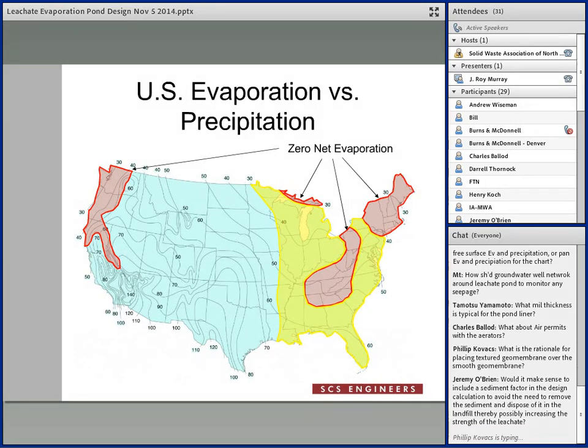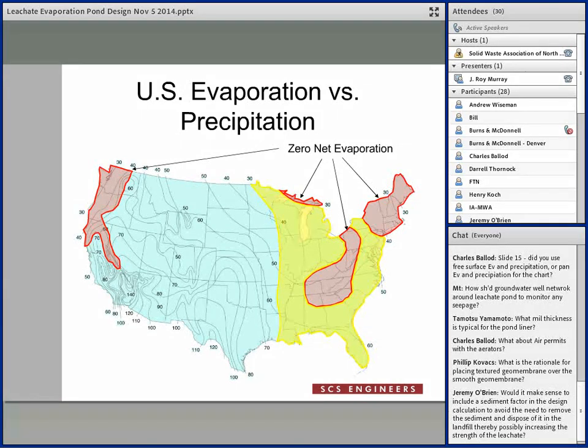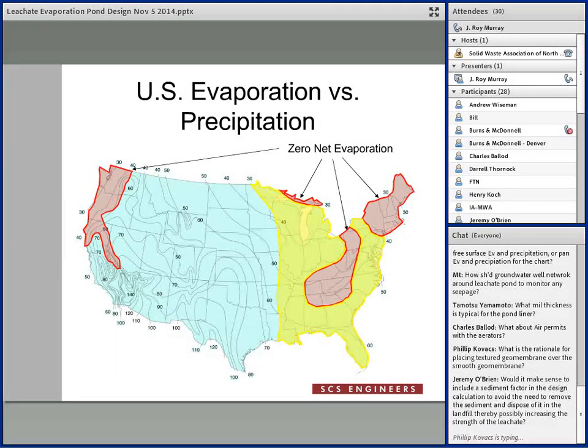Would it make sense to include a sediment factor in the design calculation to avoid the need to remove sediment and dispose of it in the landfill, thereby increasing the strength of the leachate? It certainly could if you were particularly worried about it. My experience is that it really has not been an issue.